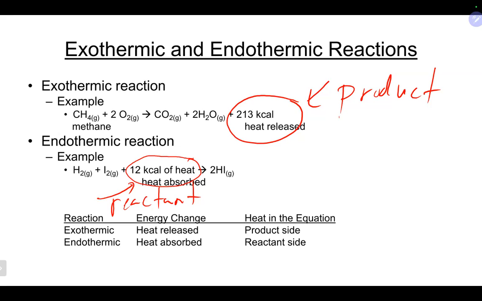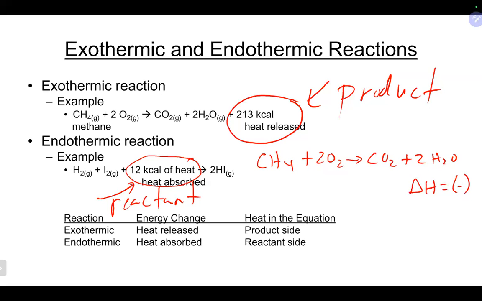Occasionally, they may write into the equation, like we see here, the energy value on the product side or the reactant side, which once again will tell you if it's exothermic or endothermic. In most cases, this is how a reaction is usually displayed to you in terms of energy. At the end, they'll just write delta H equals a negative value, some type of number.